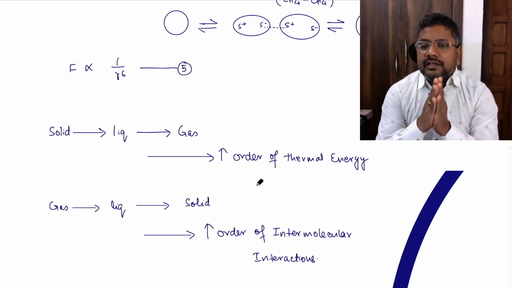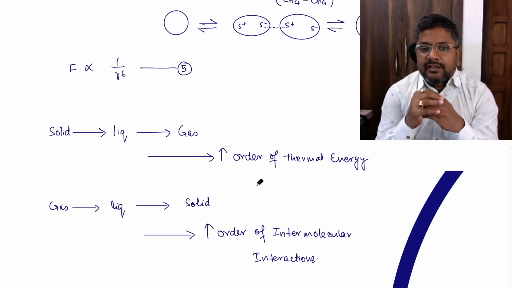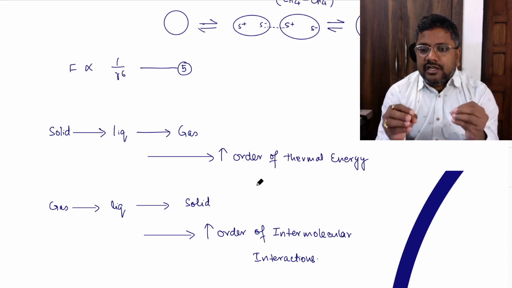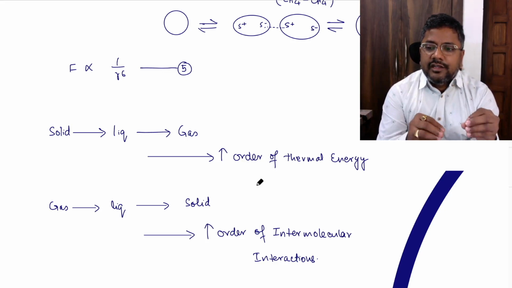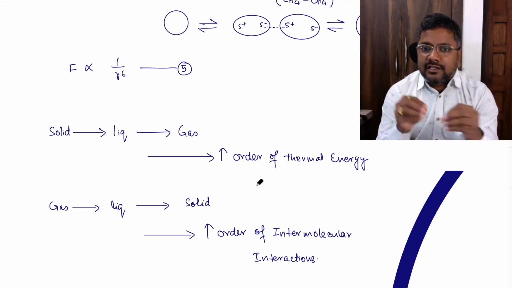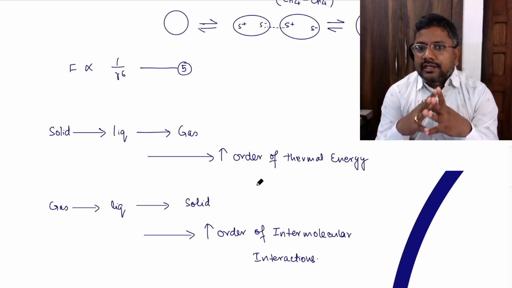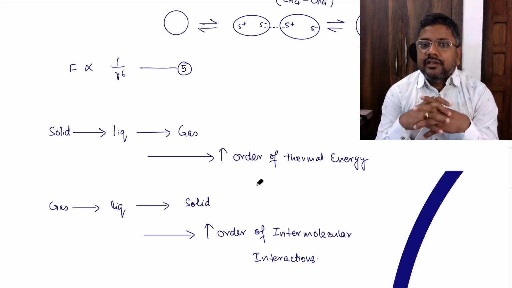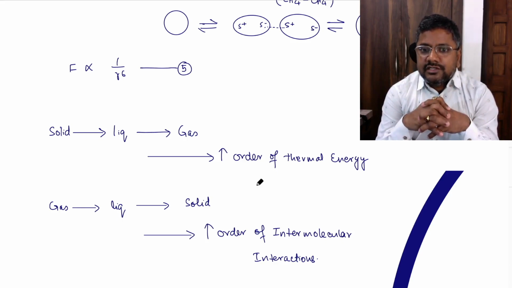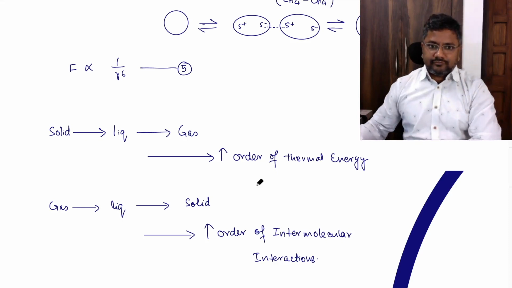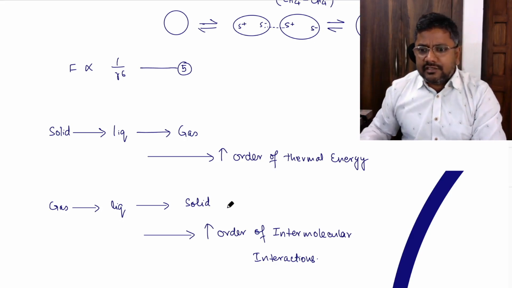So since gases have all types of motion simultaneously, translational, rotational, vibrational, all are contributing to internal energy as well as thermal energy. Therefore, they have the highest degree of thermal energy. And solids have the lowest degree of thermal energy, right? Because they have restricted motion.